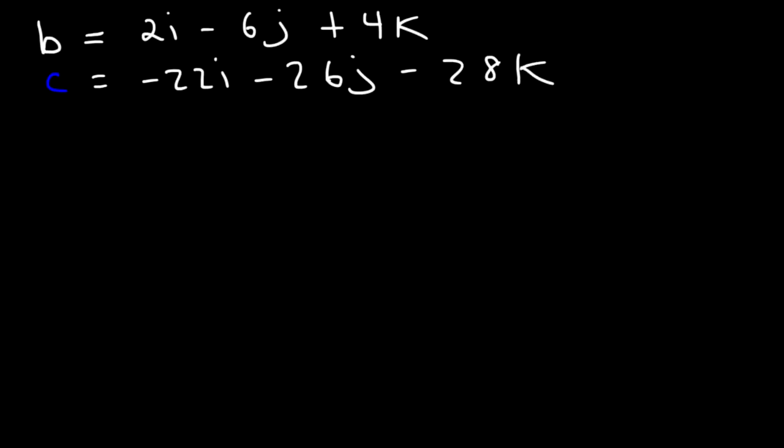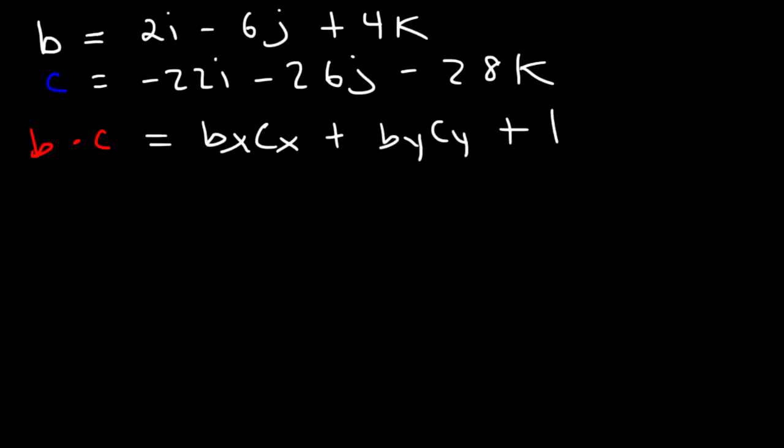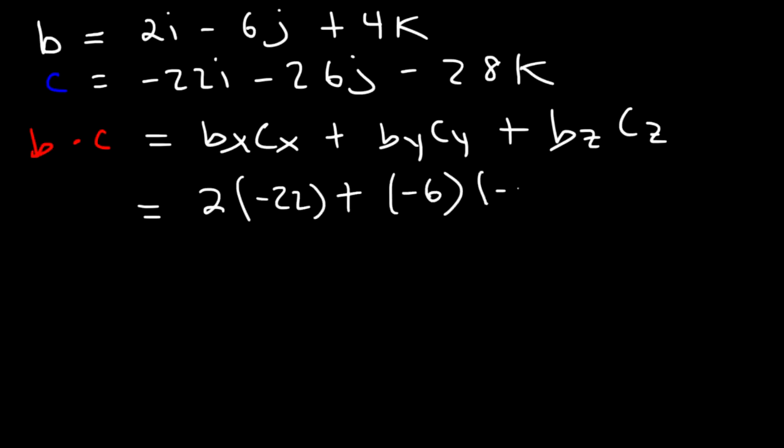So let's find the dot product of B and C. So it's going to be BX times CX plus BY times CY plus BZ times CZ. So BX is 2, CX is negative 22. BY, that's negative 6, CY is negative 26, BZ is 4, CZ is negative 28.